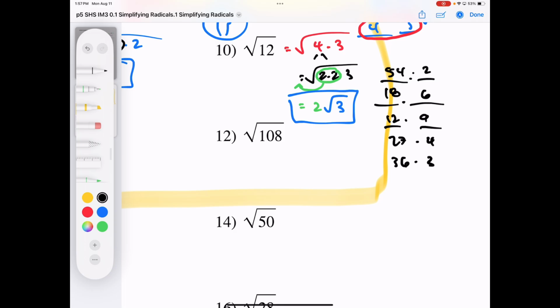Okay. Tell your partner which one is the best one. Ready, set, go. Crystal, which one is the best one? 12 times 9. Okay, this one is good because that is a perfect square. But Darian, do you know which one is the best one?